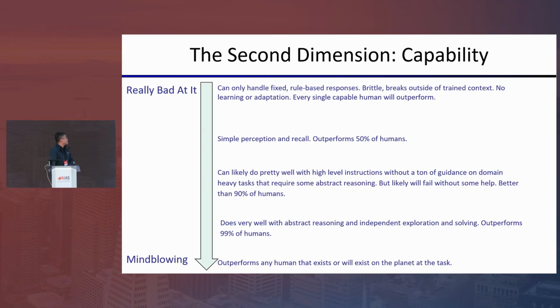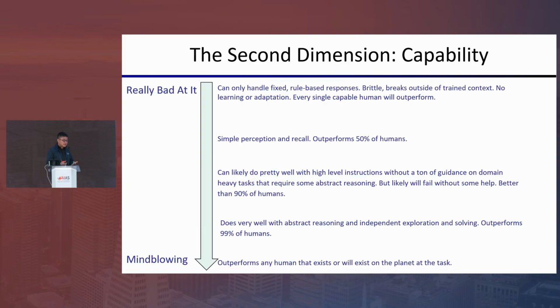We also want to talk about the capability level. At the beginning, the AI would be quite weak. It can only handle fixed rule-based responses, very brittle. It's going to break outside the trained context, with no learning or adaptation. Later, AI becomes smarter, can do simple perception and recall, or perform at a certain fraction of people.